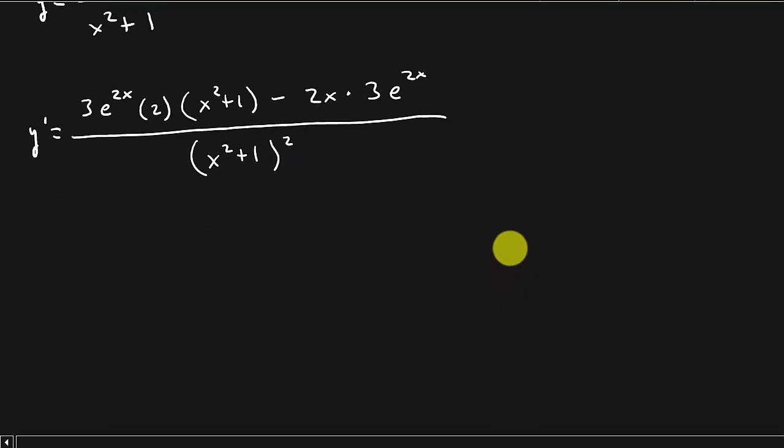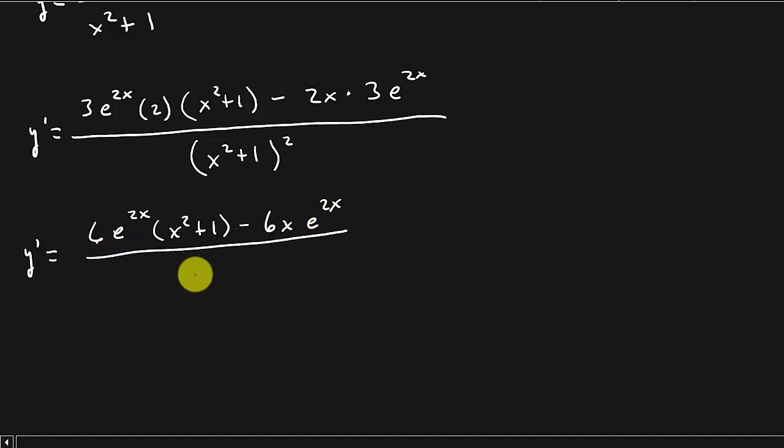All right, so let's just go ahead and do one more step here. We've got 6e to the 2x times x squared plus 1 minus 6x e to the 2x over x squared plus 1 squared.